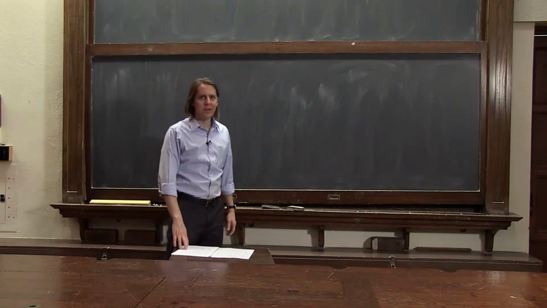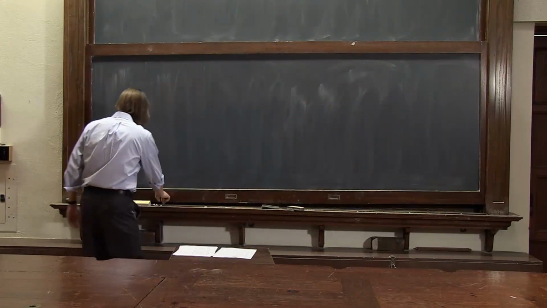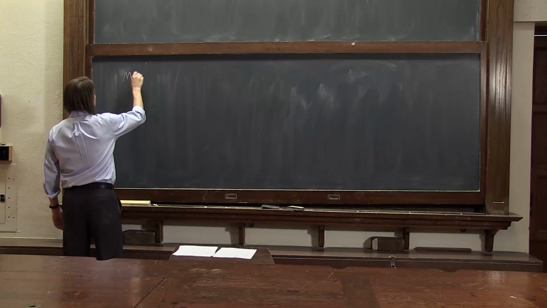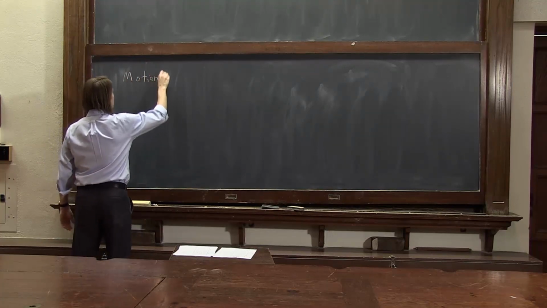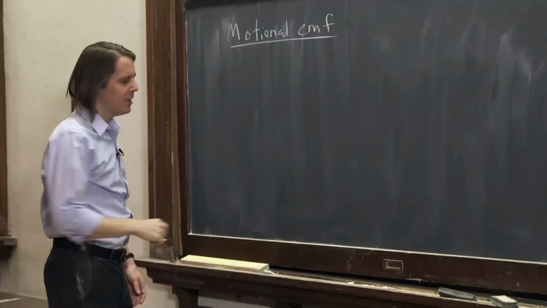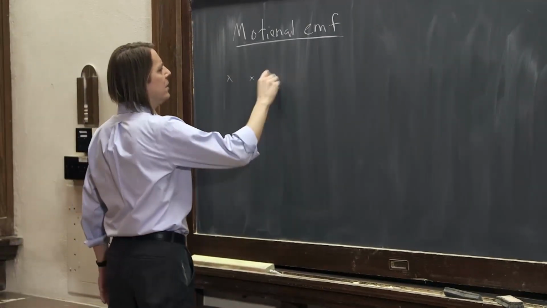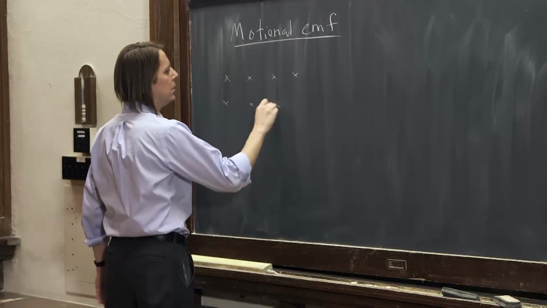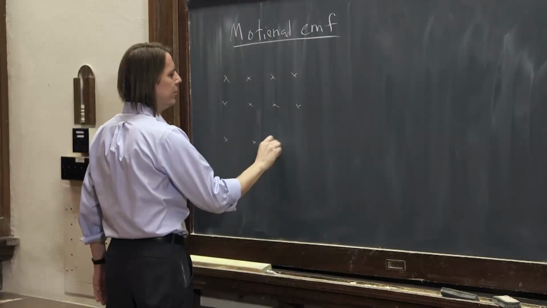Let's think about induction in a solid object. To get started, recall the motional EMF. To see a motional EMF, we had a field in the plane of the board.